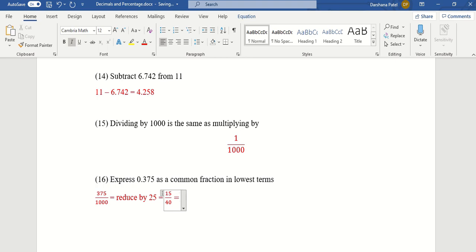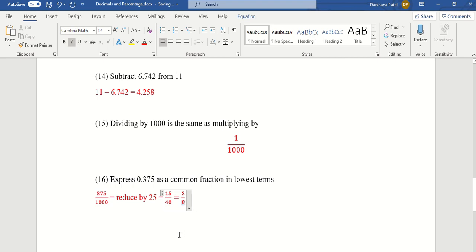Now I notice 15 and 40 can be further reduced by 5. Divide both by 5 again. So 15 will reduce to 3 and 40 will reduce to 8, giving us 3 over 8. Now, if we didn't go by 25 in the beginning, you could have gone by 5 and then another 5 and then another 5.